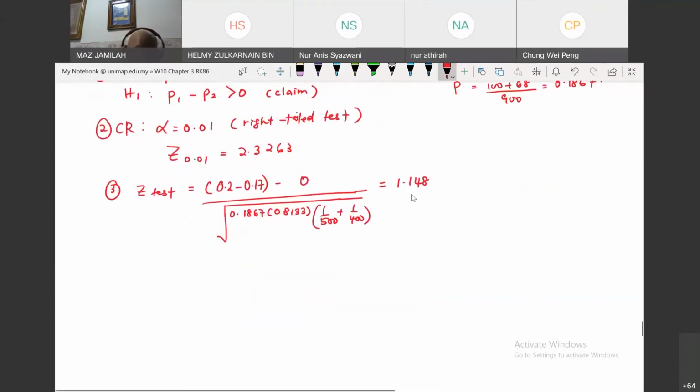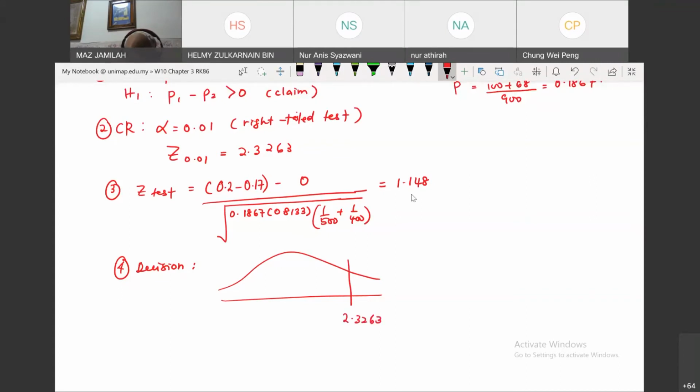Now, number 4, make a decision using the distribution. So right tail test. You have 2.3263 here, and this is your rejection region for alpha 0.01.